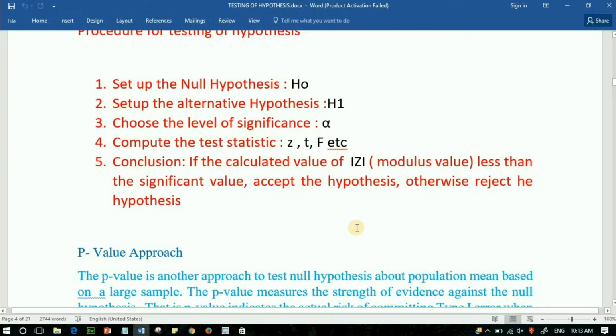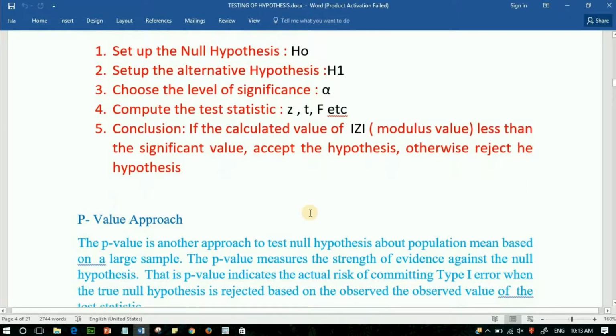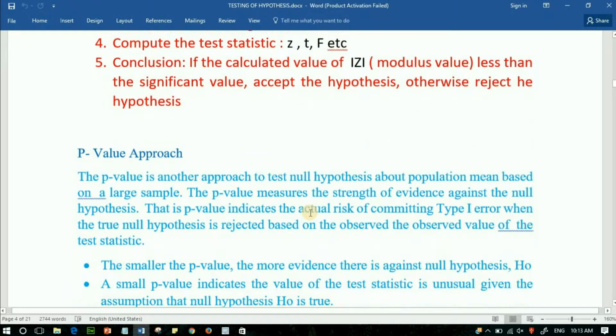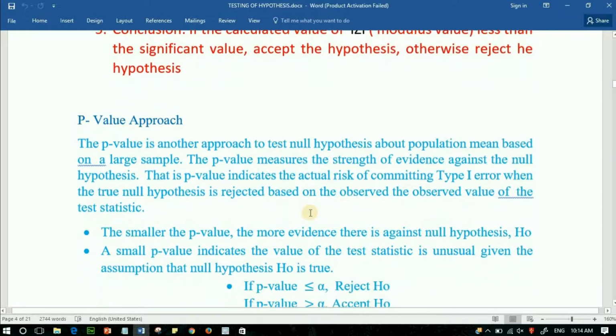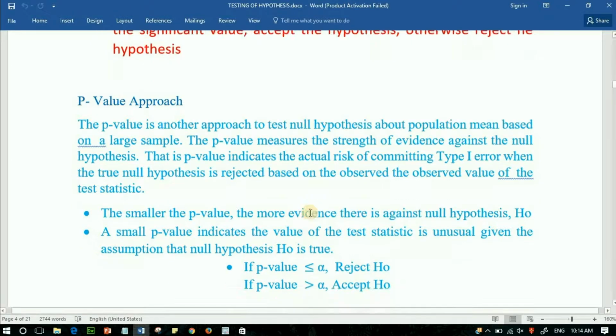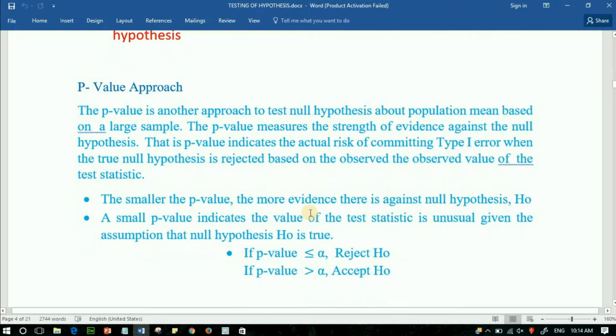Another approach is the p-value approach. The p-value is another approach to test null hypothesis about the population mean based on a large sample. The p-value measures the strength of the evidence against the null hypothesis. That is, the p-value indicates the actual risk of committing type 1 error when the null hypothesis is rejected based on the observed value of the test statistic.